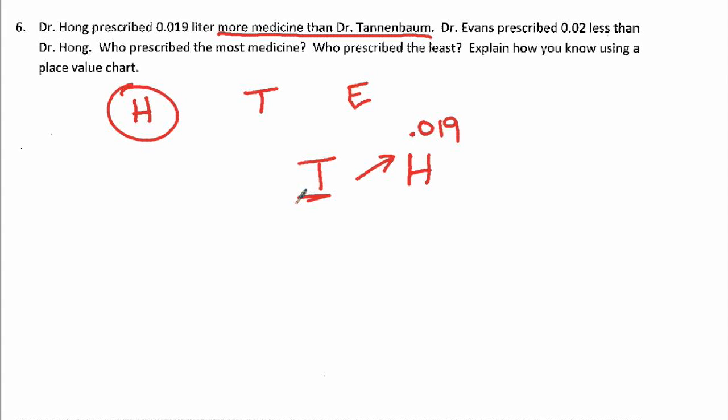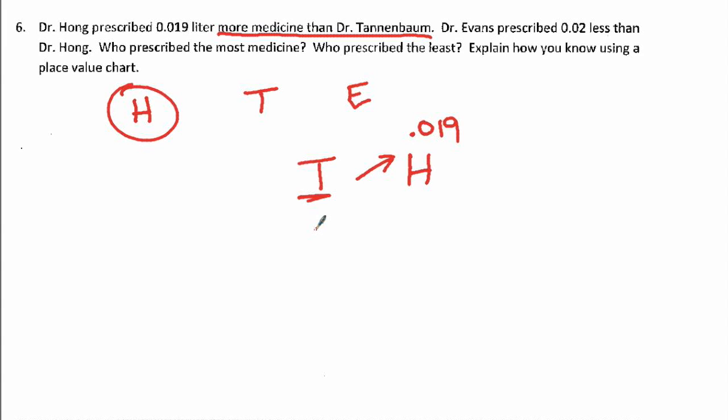How much did Dr. Evans go? Two hundredths. So far, all of these other two guys, Dr. Evans and Dr. Tannenbaum, have prescribed less than Dr. Hong. Well, if I look at that, I would be inclined to instantly say, oh, well, 2 hundredths is the least because 19 thousandths, that seems pretty big.